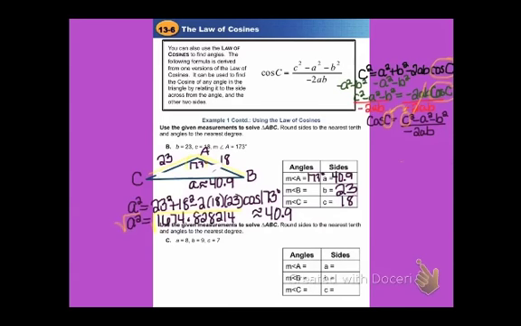Well, we could use the law of sines, but since we just talked about this new formula, the law of cosines version for angles, let's go ahead and find angle B. So we'll say the cosine of angle B, since that's the one we're trying to find, is equal to, and now we want to take the side across from it to put in first.